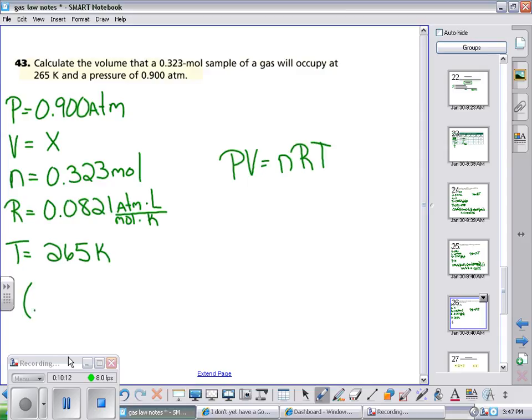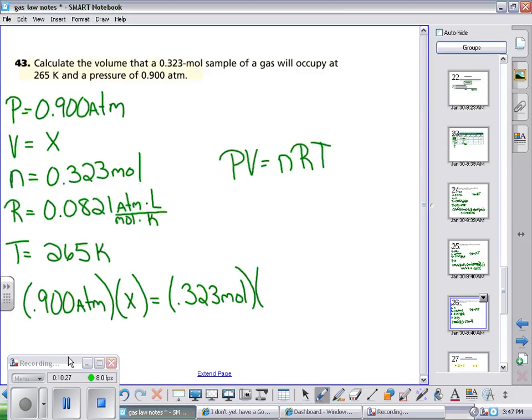So we'll plug it in, 0.9 atmospheres. The volume is our X, our moles. All of these problems, they gave us the information in moles, but on your homework, you're going to have some where it's in grams and you're going to have to convert it into moles. So be careful with those.